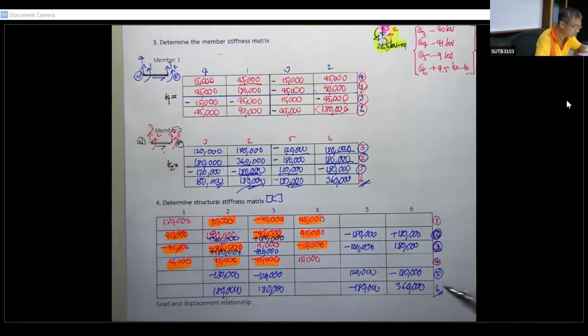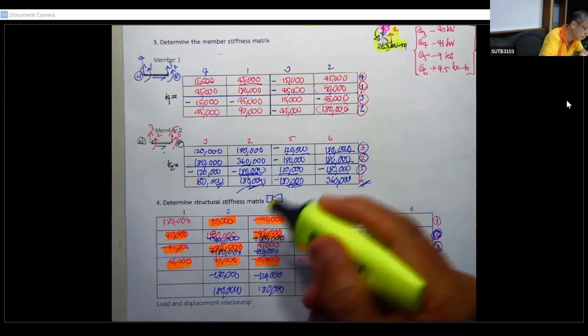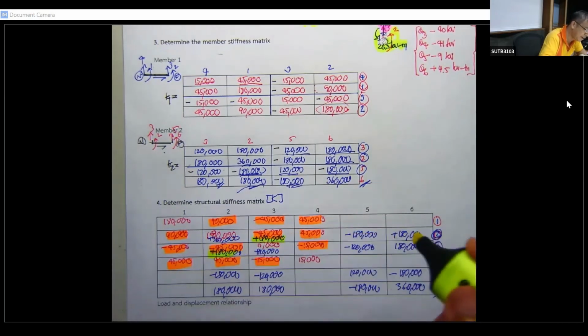And then if you prefer, you do the same thing, check the symmetry of this.